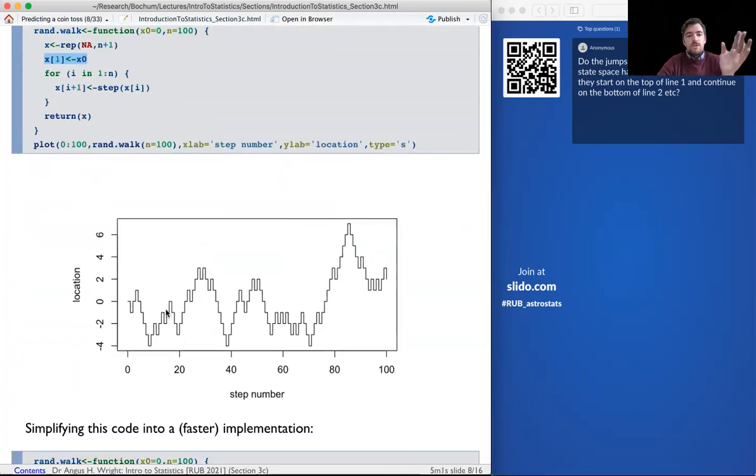This is my random walk. So I start at 0, and I stumble backwards one step, then forwards a step, forwards another step, backwards a step, backwards a step, backwards a step, and so on. I walk randomly throughout this space.